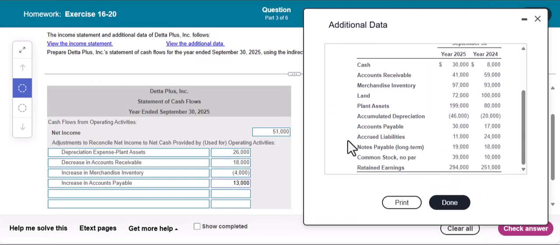Next up we have accrued liabilities, which is 24,000 for 2024, and then it decreased to 11,000 in 2025. What must have happened to cash? If our debts went down, we must have paid them off. So we're going to subtract out 13,000 in this case, so that's going to be a negative 13,000.